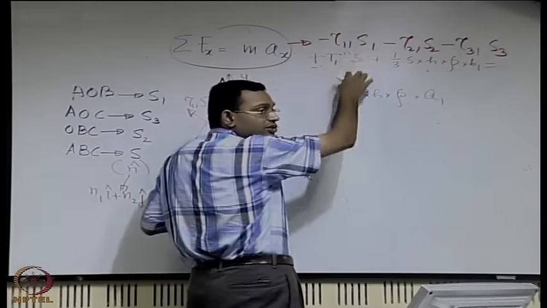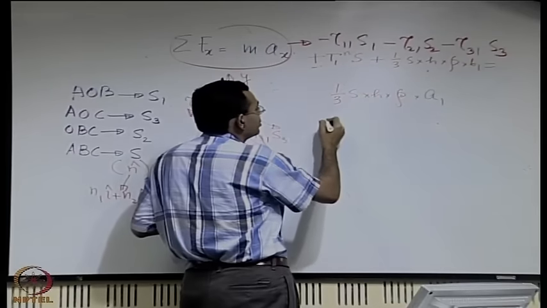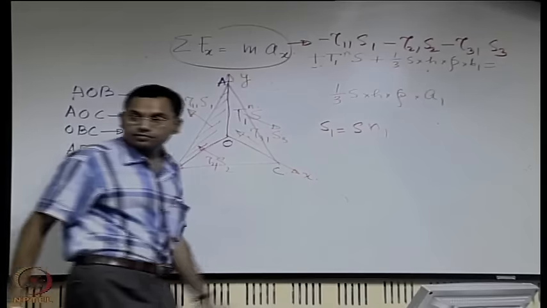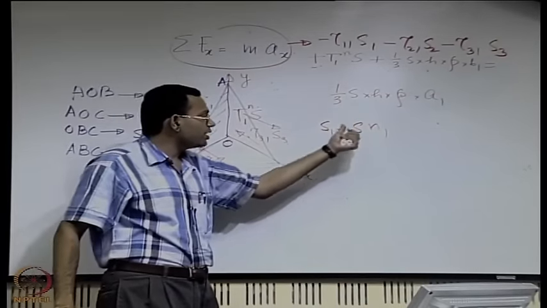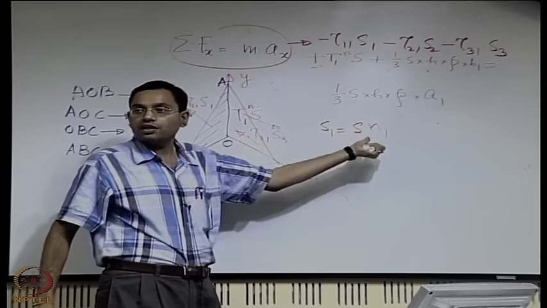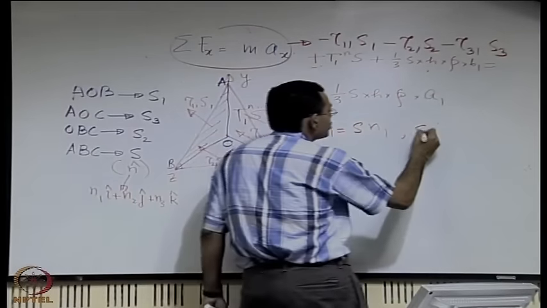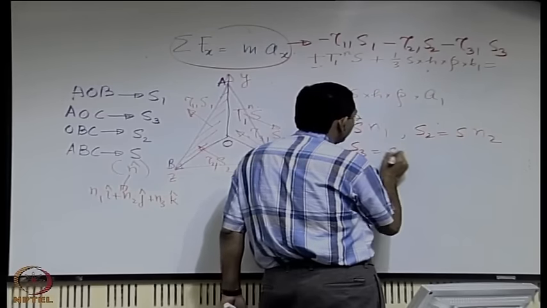These are all magnitudes, their senses have already been taken care of with plus minus. So S1 is nothing but S n1, by taking the component of S in the direction of S1. Similarly, S2 is S n2 and S3 is S n3.